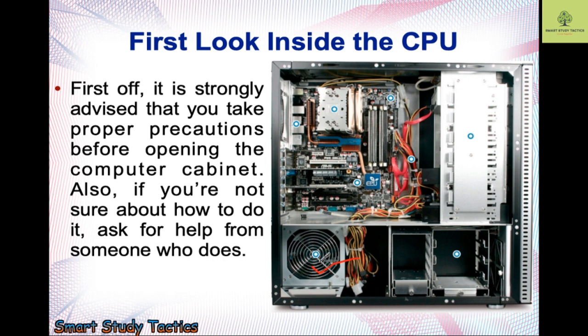Let's go with this. Here we have the hard disk drive and the CD drive. This is the CD drive, this is the hard disk drive, and it is connected with cables, and you can see the red cable coming to the motherboard. This is connected here.